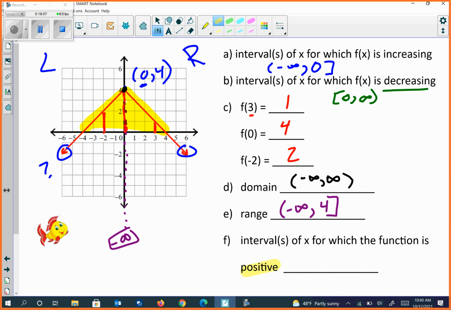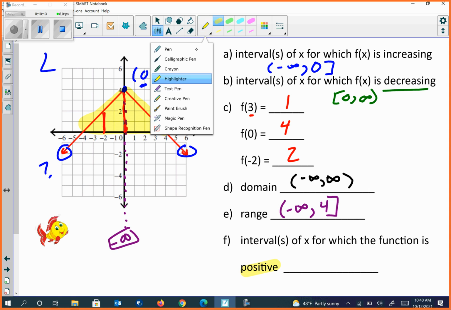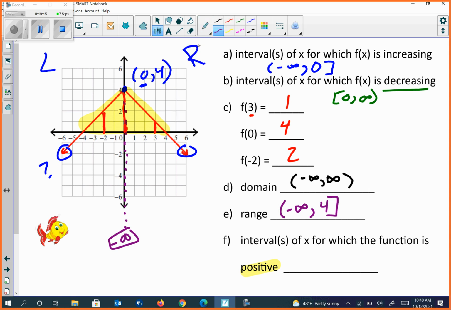This region here is where it's all positive. That's all positive right there. It's all positive above there. Where does it start becoming positive? Say it. Negative 4.